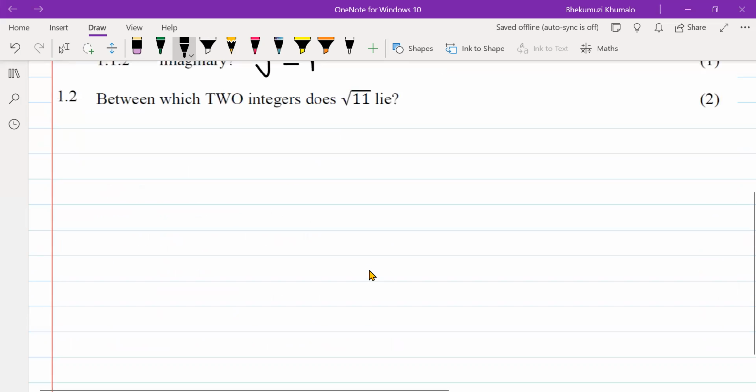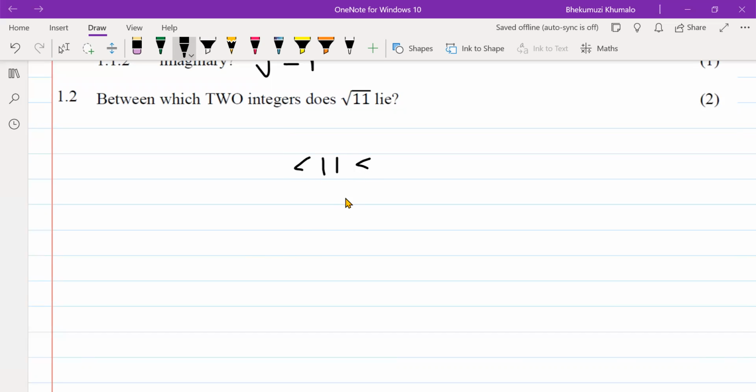Okay, now they say, between which two integers does the square root of 11 lie, right? Now, if they want integers, basically, the whole point here is that you need to find what are the two numbers this lies in between. So obviously, you have 11, right?